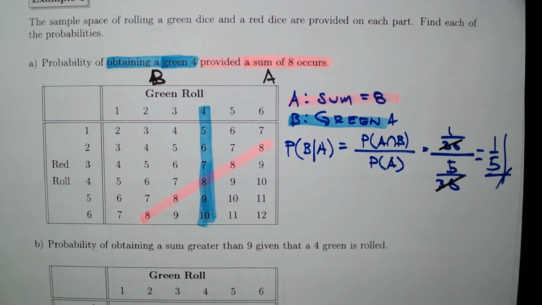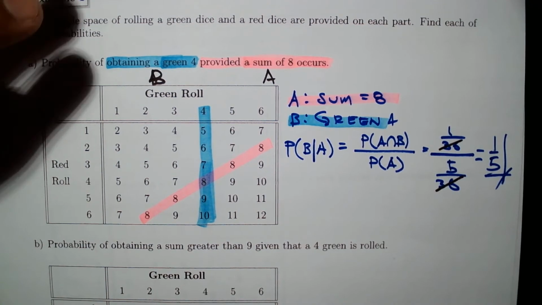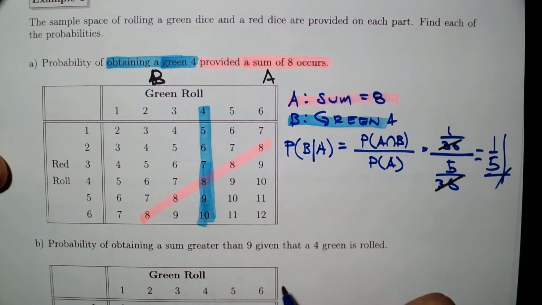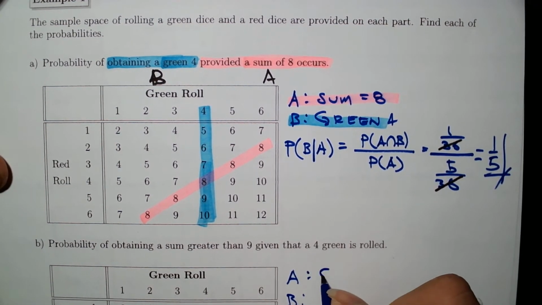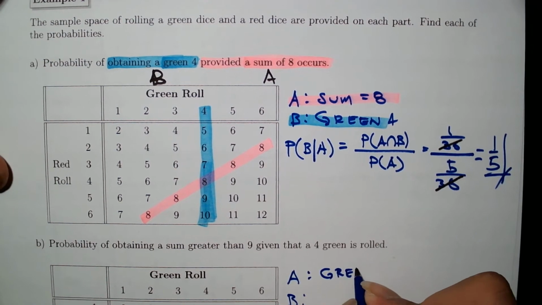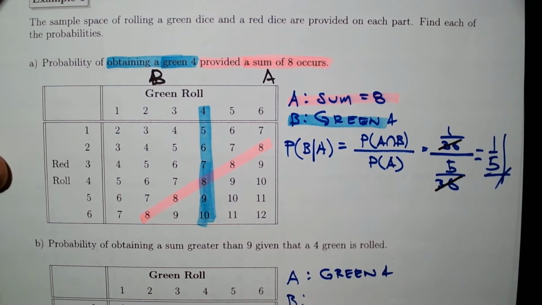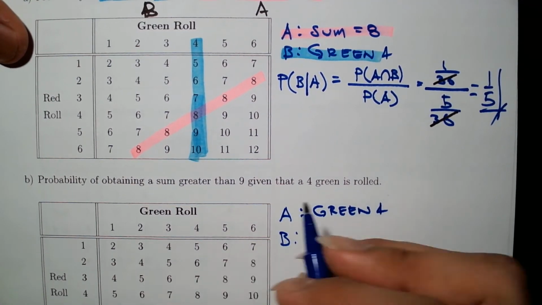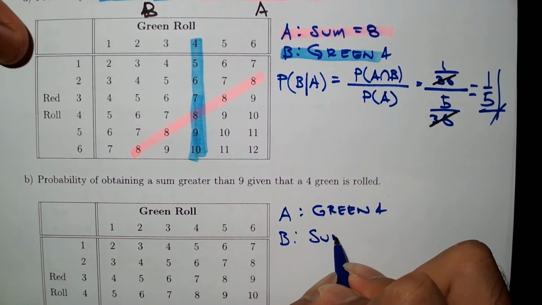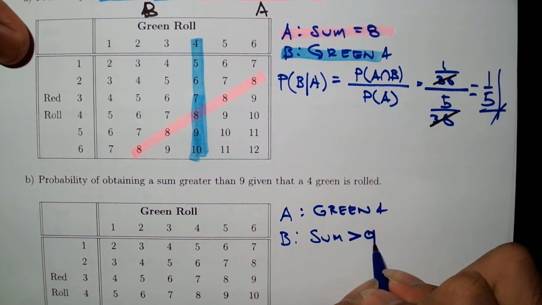Okay. The probability of obtaining a sum greater than 9 given that a green 4 is rolled. Event A is whatever is given, in this case green 4. The second event, which is what we want to investigate here, is sum greater than 9, not greater than or equal.